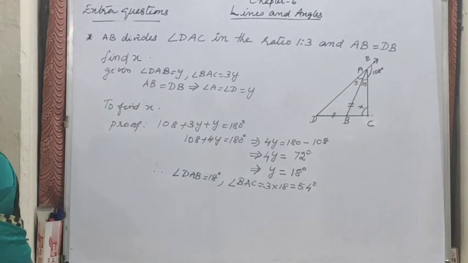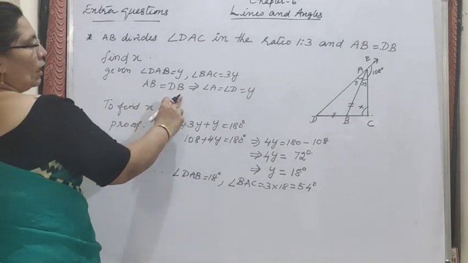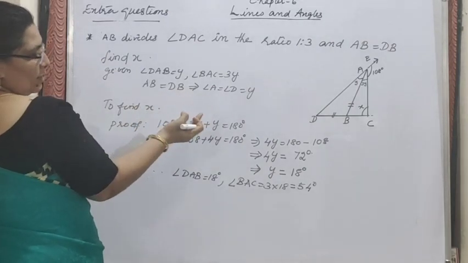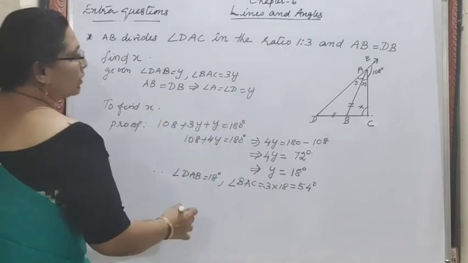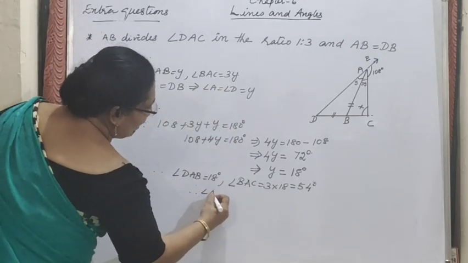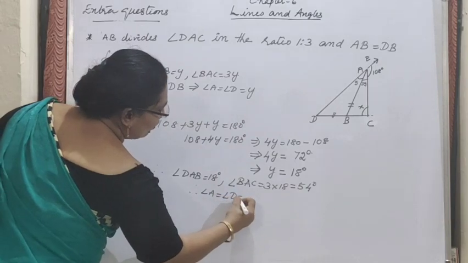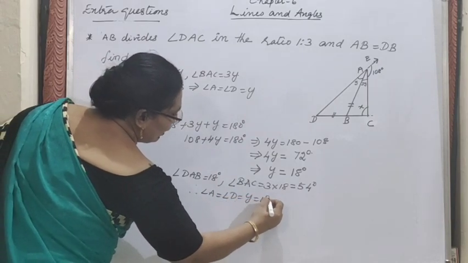Now what is the next question? We have written here AB equal to DB implies the base angles are equal in isosceles triangle. So angle A equal to angle D equal to y equal to 18 degree.